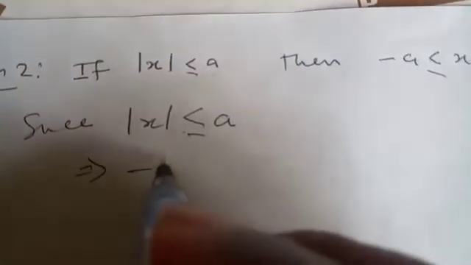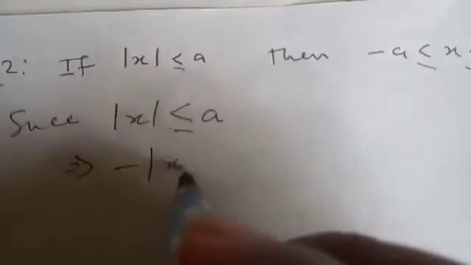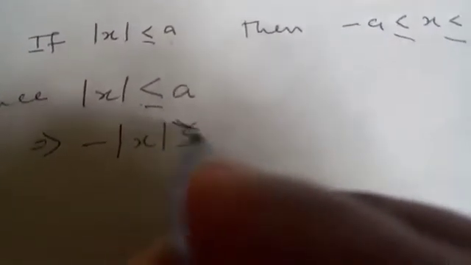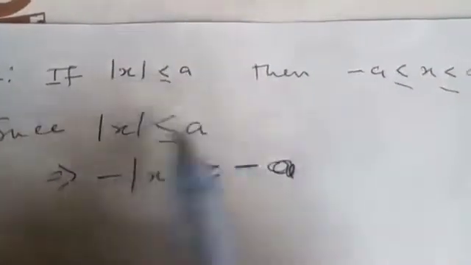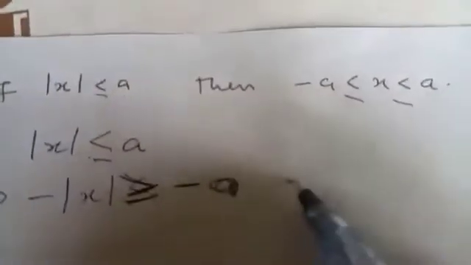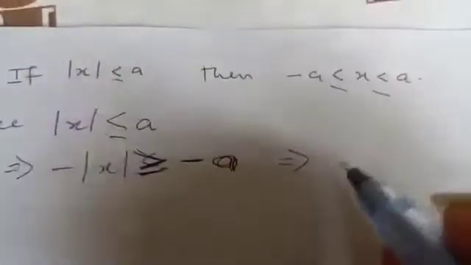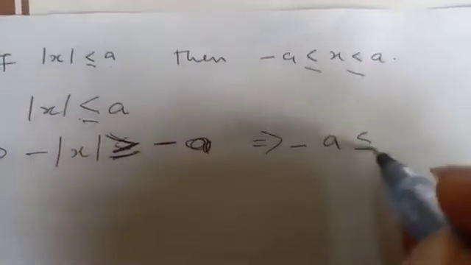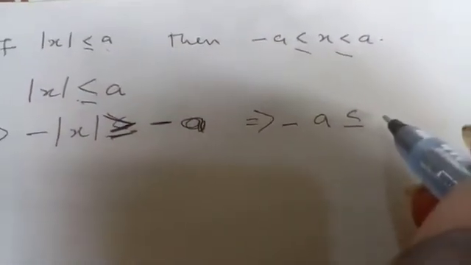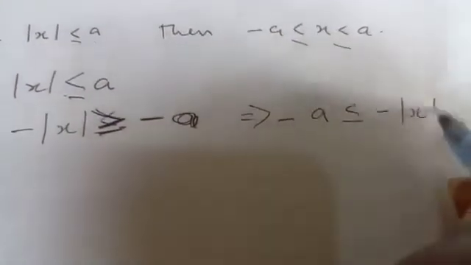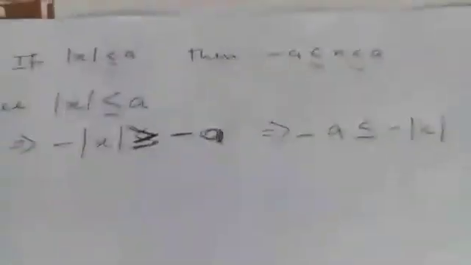minus s is greater than or equal to minus a. Because I've said when we multiply both sides by negative, the sign will change, and that will give me minus a is less than or equal to minus absolute value of x.